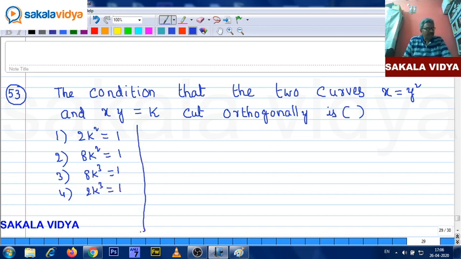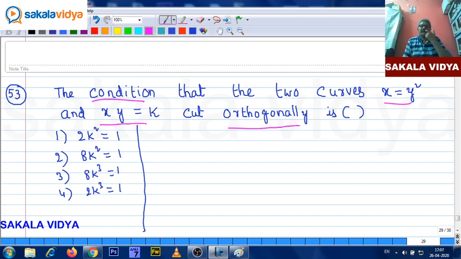This is the problem. The condition that the two curves x square is equal to y square, xy is equal to k cut orthogonally.